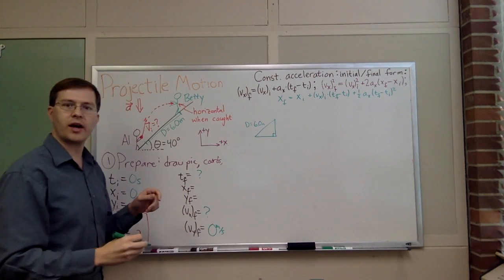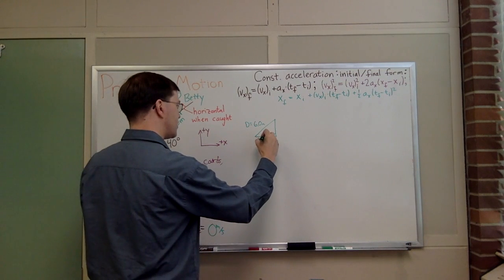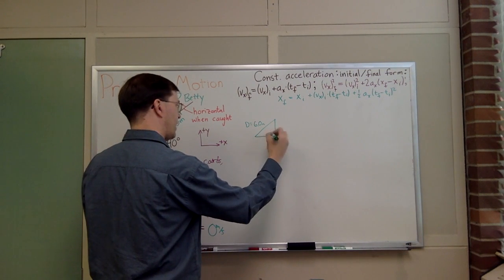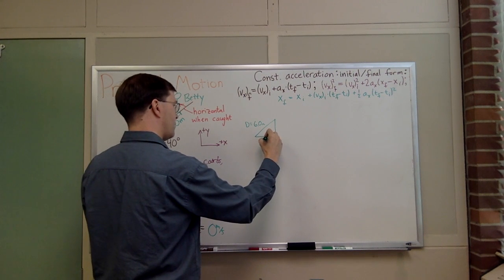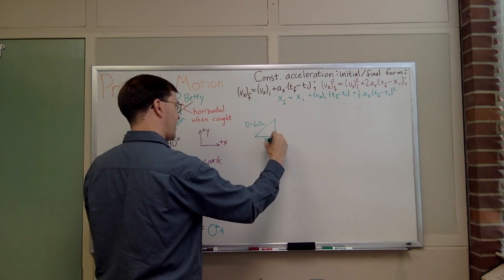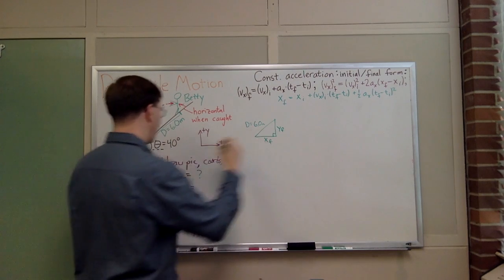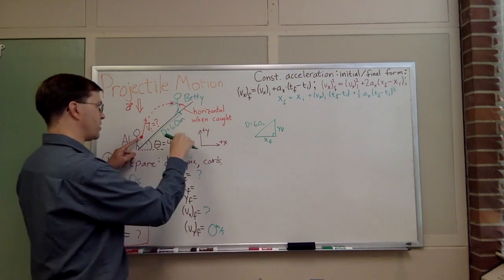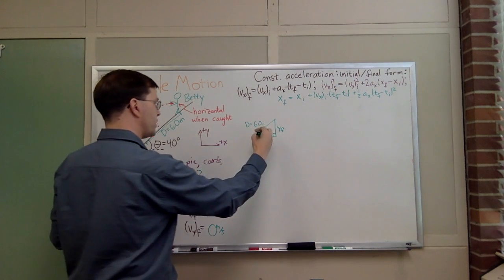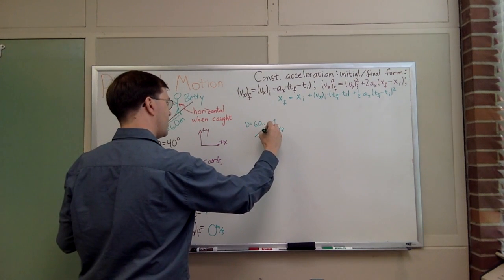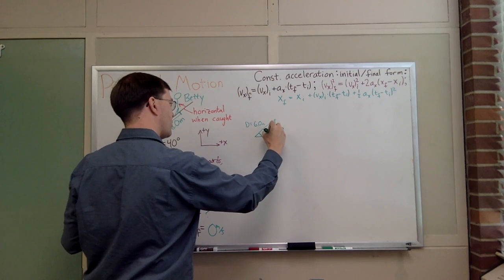So I've got my right triangle there. This will be my x final, and this will be my y final. Hope you see why, because from the initial point over is x and up is y. And so doing that, this is my theta of 40 degrees.